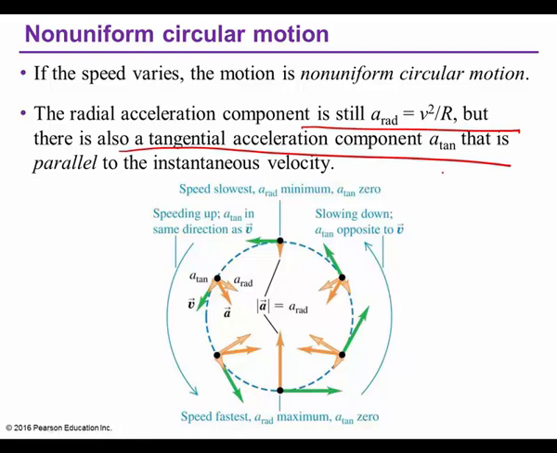So in other words, what does this mean? Tangential, now remember I mentioned that a minute ago. So we have radial acceleration, which is also known as centripetal acceleration. If I write it AC, do you know what I'm talking about? Centripetal acceleration.